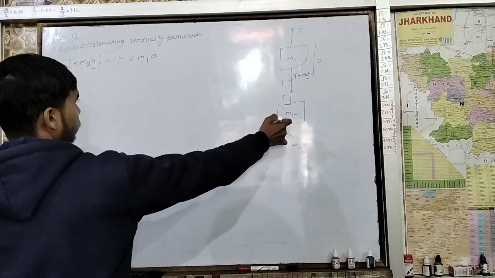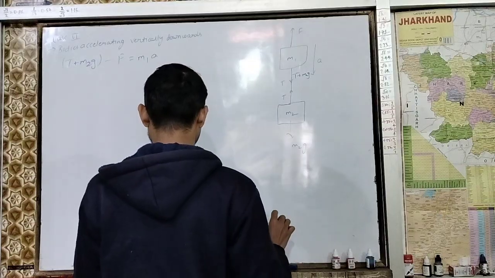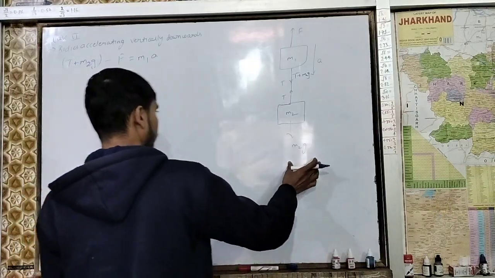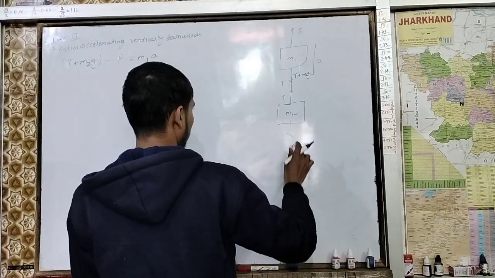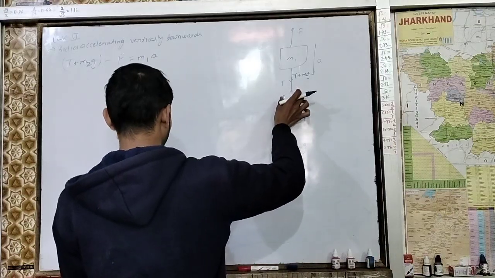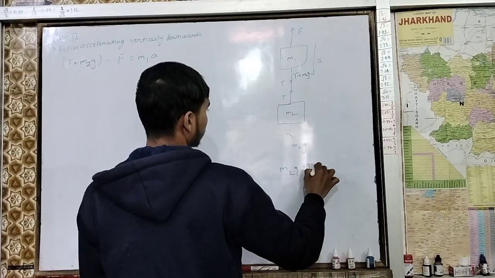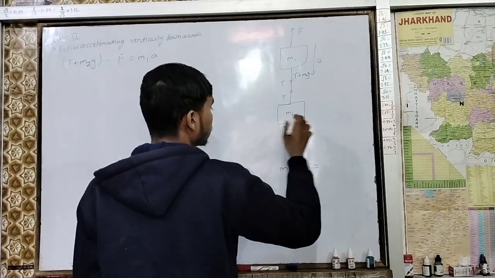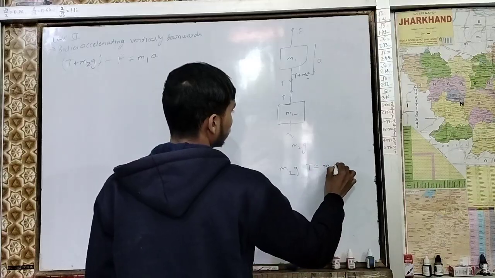For this body over here, T is how much? m2z. For this body we have T, m2z minus T, which is equal to ma. So m is what? m2 a.